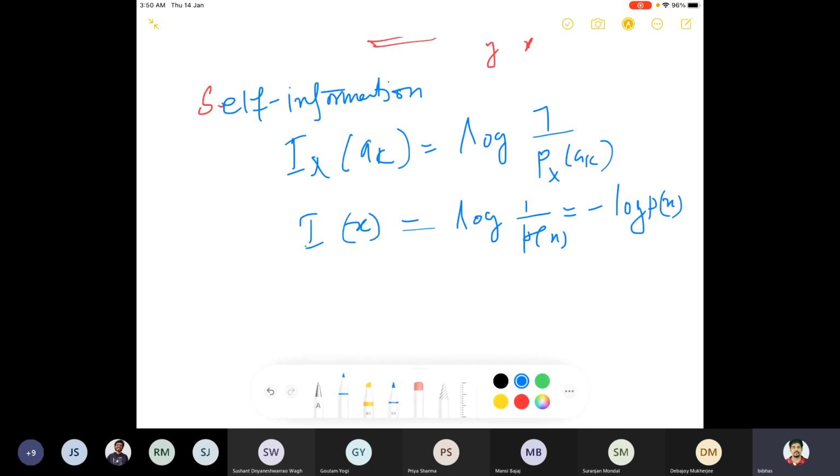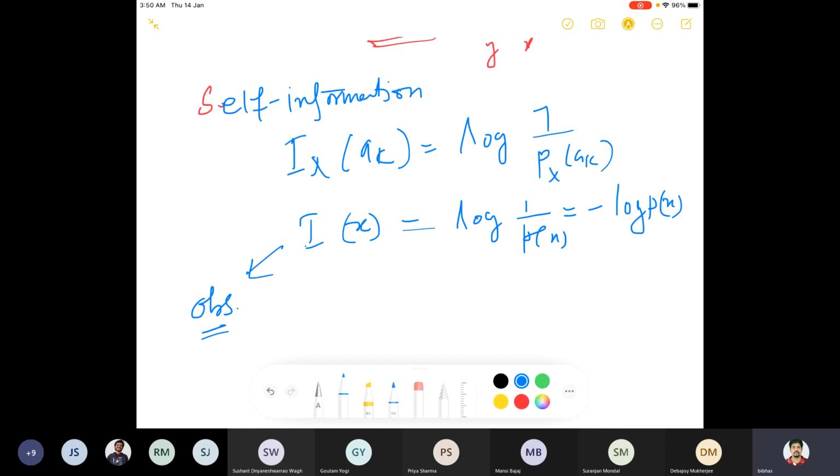One important thing to notice here is that this concept cannot be defined when x is a continuous random variable. So this is just an observation. Although we'll not discuss continuous random variables in this course. I mean, we can discuss, but our focus is on coding theory.